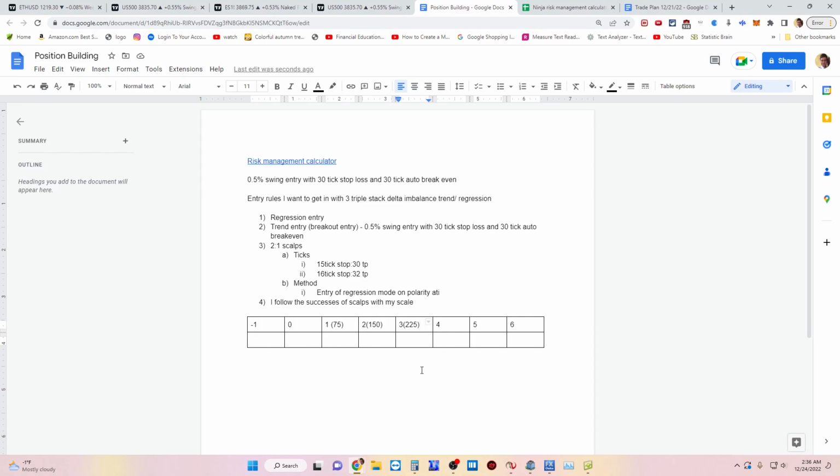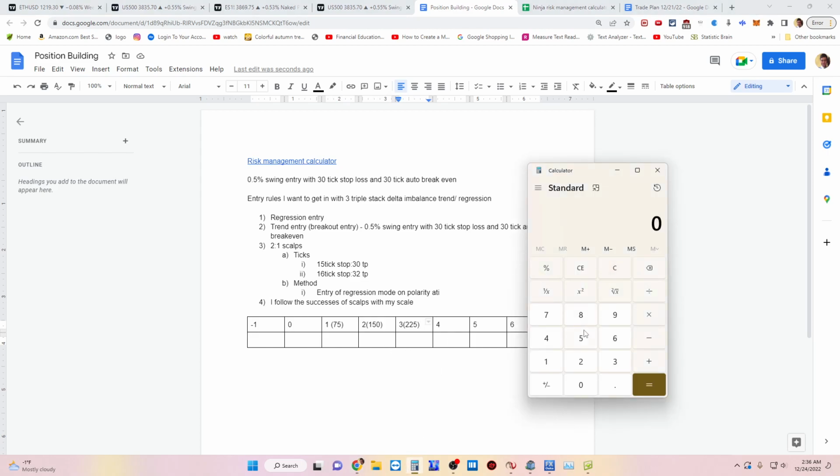So if I got a mini, we could calculate: 1.25 times 10 is $12.50 per tick, and then you multiply that by 15 for the stop loss. It's 187. So roughly by 3 successful scalps, or even 2, I can attempt to get a runner that's a mini.